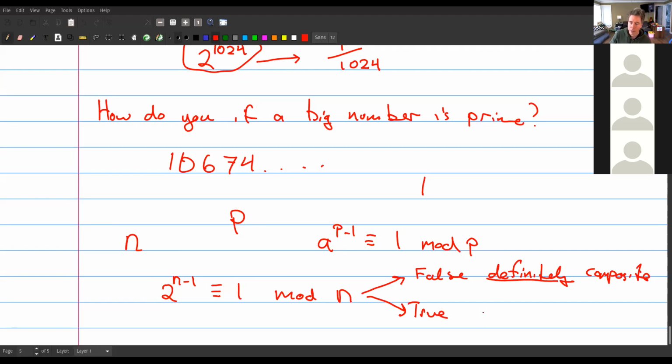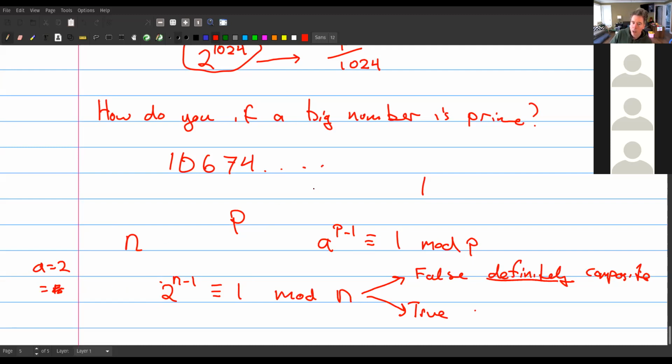It's maybe prime. Yeah, it's maybe prime. And if n is big, then I don't have to use 2. I can let a be 2, but then I can also check other numbers too, like a bunch of them at random. So I can check as many random a's as I want.